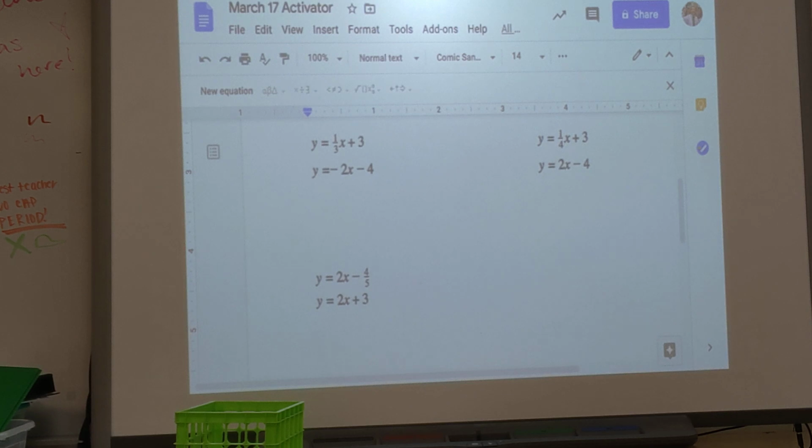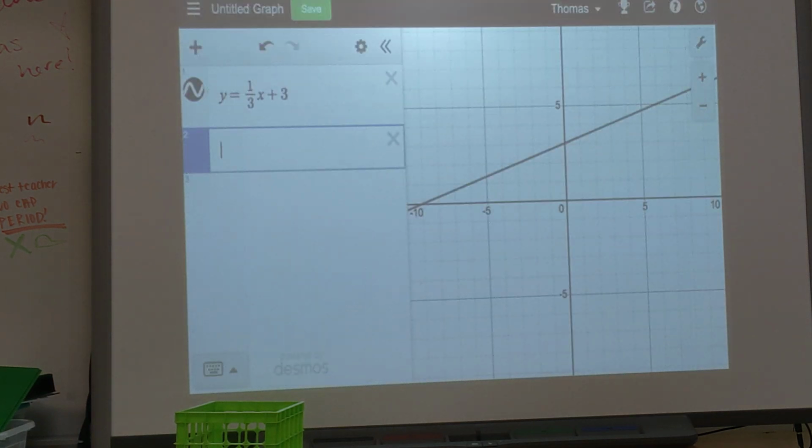And then my other was y equals negative 2x minus 4. Again, I see where both of my lines intersect. I hover over that ordered pair solution, and that shows me that I have negative 3, 2 as my answer.